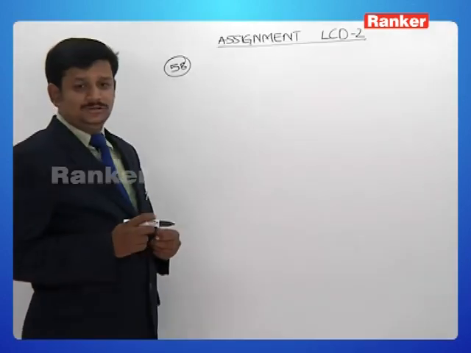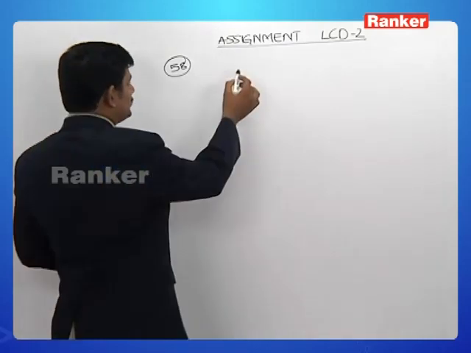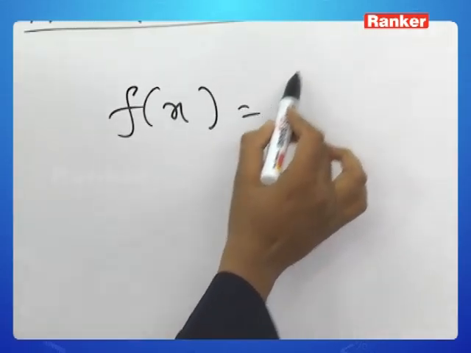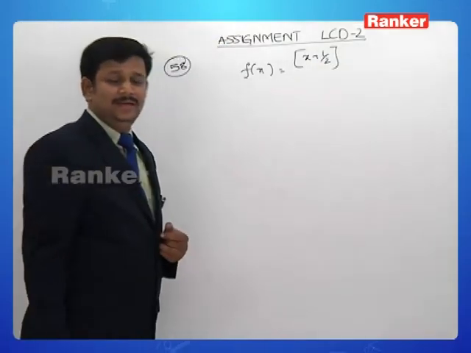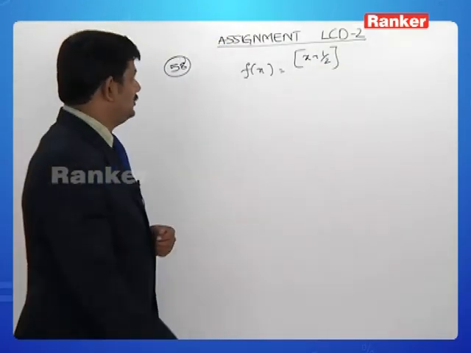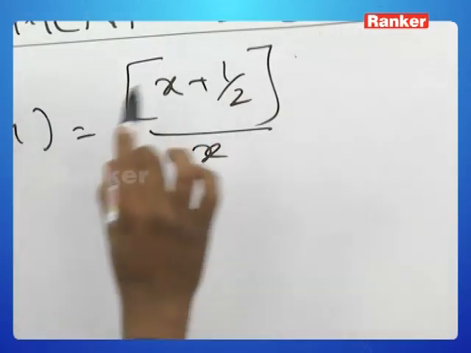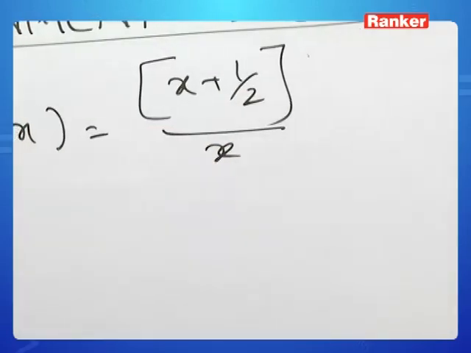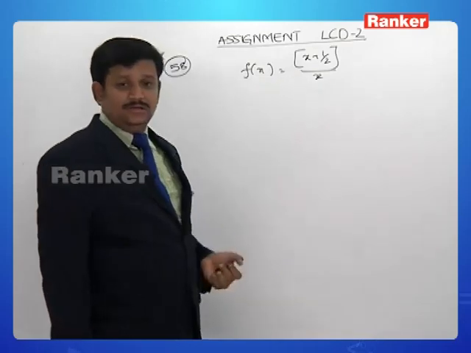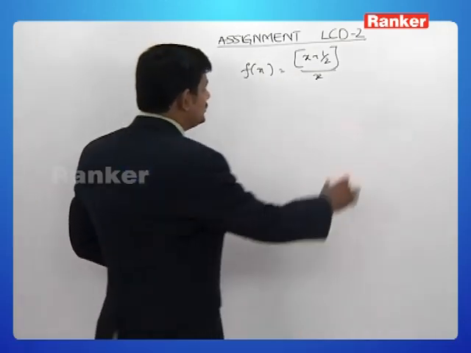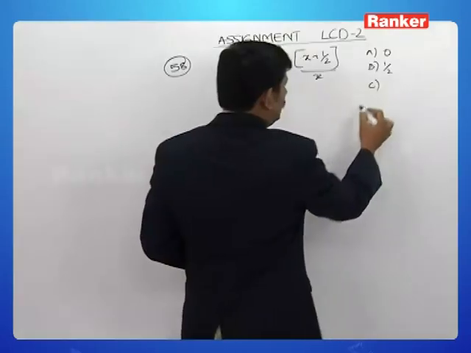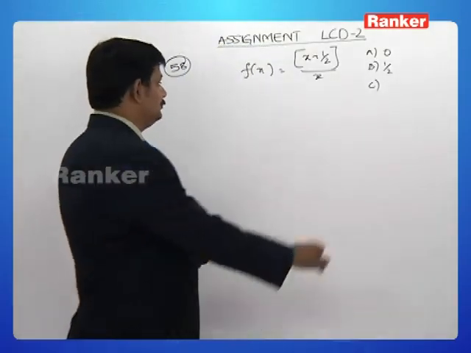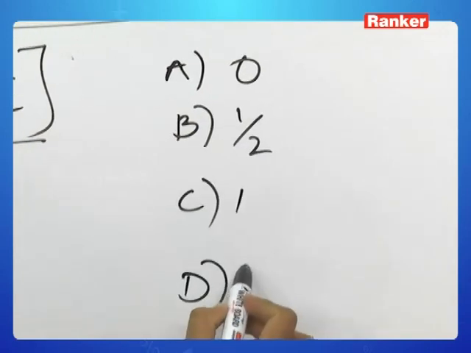We need to talk about continuity of the function f of x is equal to integral part of x plus half minus integral part of half, which is 0, so we can ignore it, divided by x, at these options.